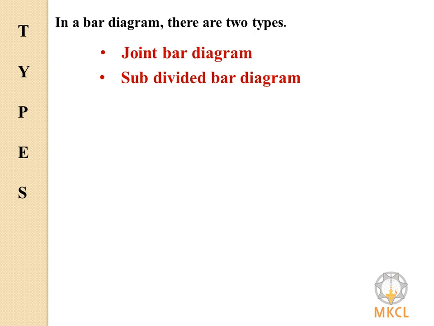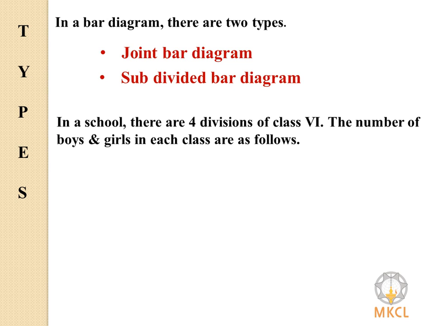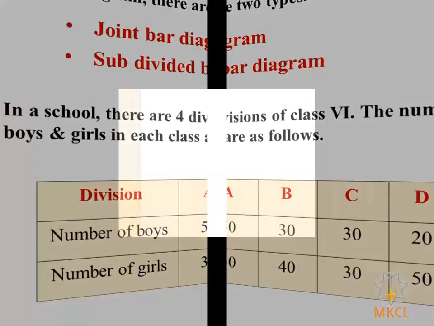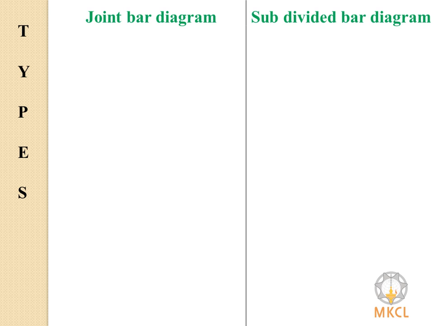Now we will see these two types of graphs with the same data. The example is, in a school there are 4 divisions of class 6th. The number of boys and girls in each class are given in the table. See the table. Now with this data, we draw the two graphs, joint bar diagram and subdivided bar diagram.